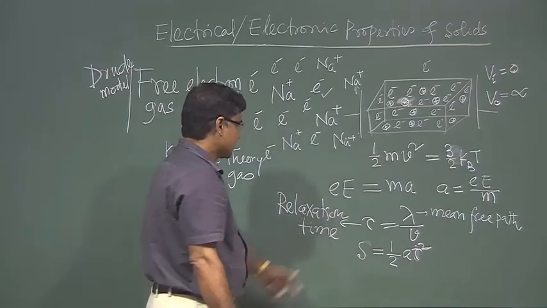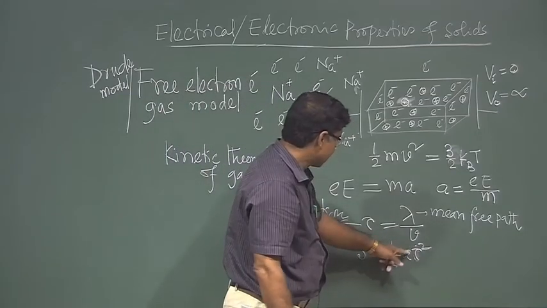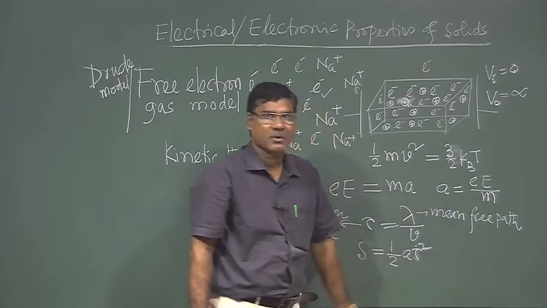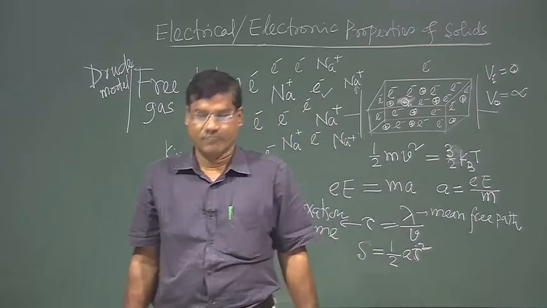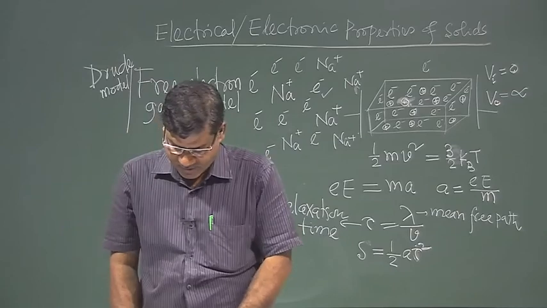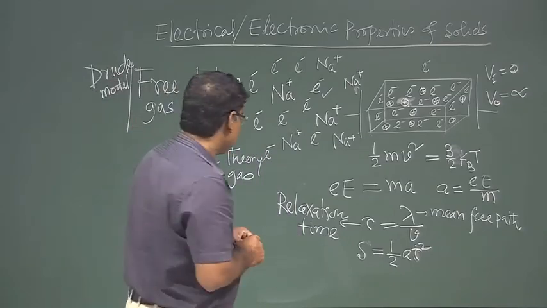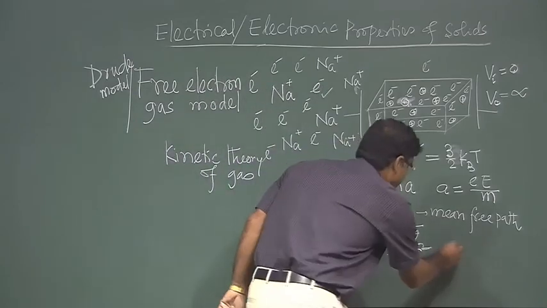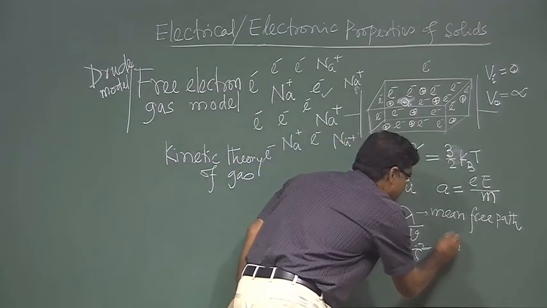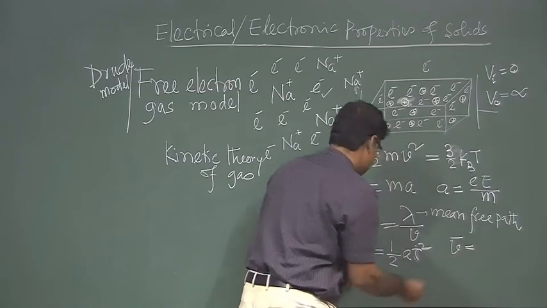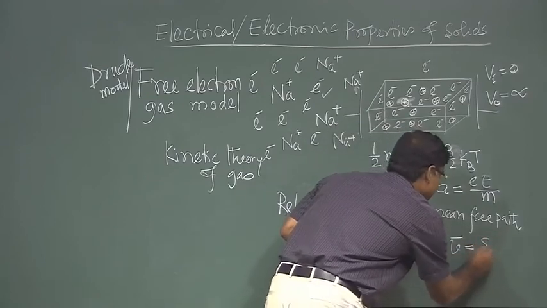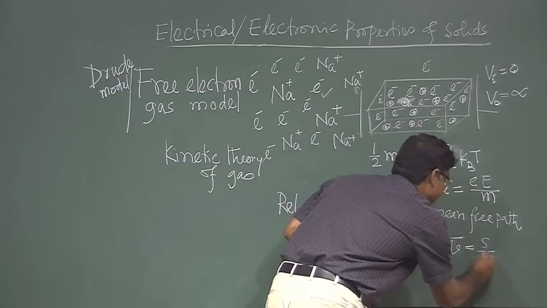So, the velocity I am talking about now is the drift velocity, and one can write it as s, the distance travelled in time tau.